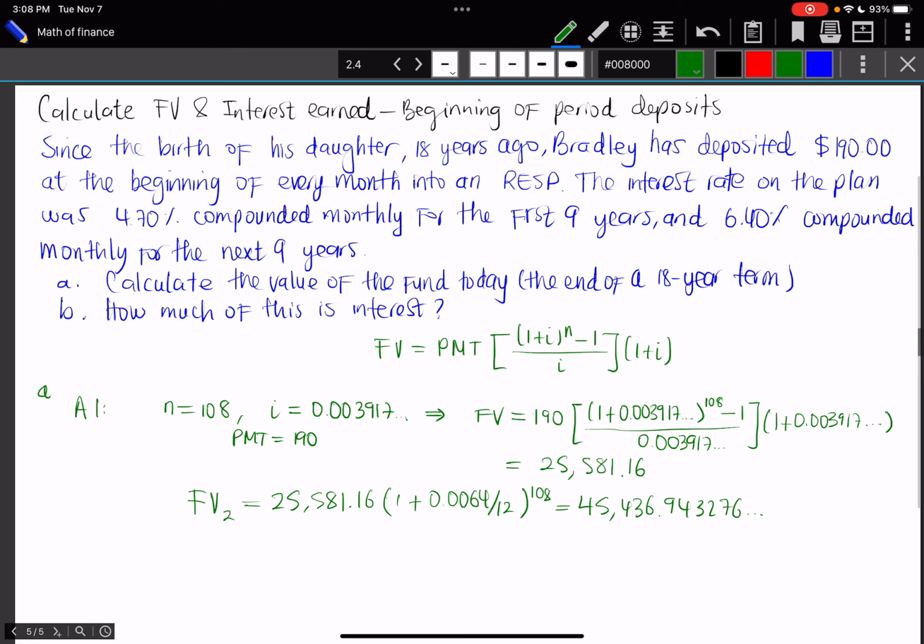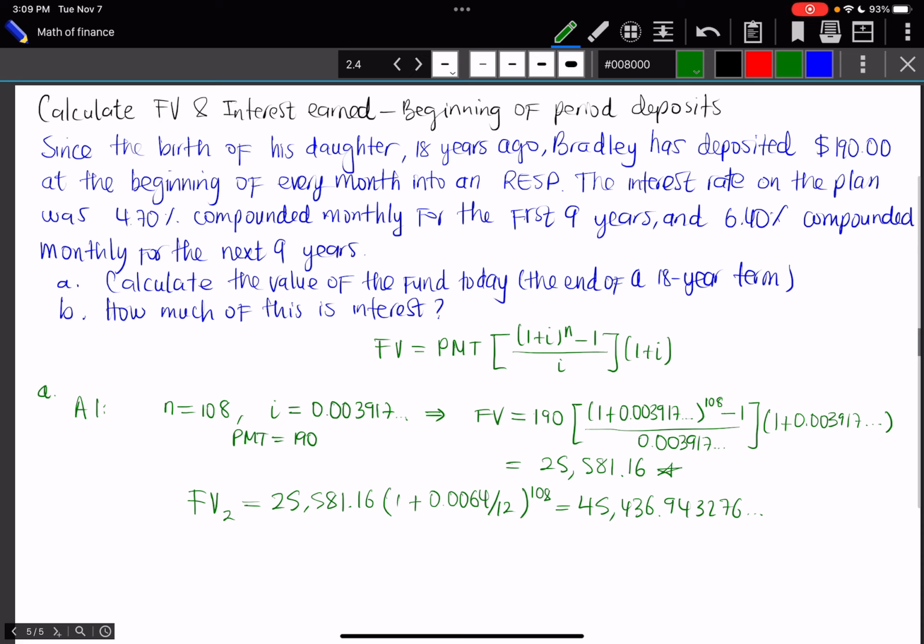So we're working on part A of the problem. Right now we're working on the first annuity, the one corresponding to the first 9 years. The future value of the annuity is given by this expression right here.